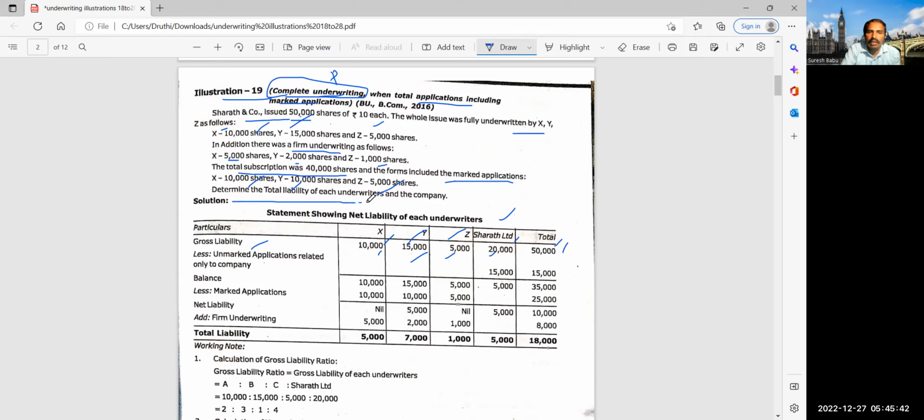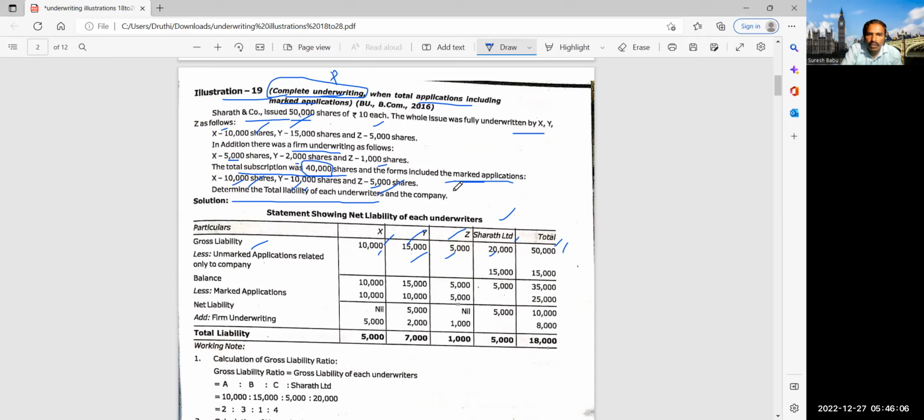Determine the total liability of each underwriter. Now, total applications received is how many? 40,000. Got it? And these include marked applications only. Marked applications of X how much? 10,000, Y 10,000, Z 5,000.